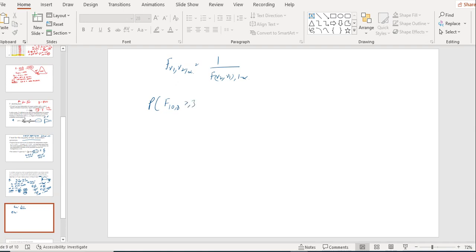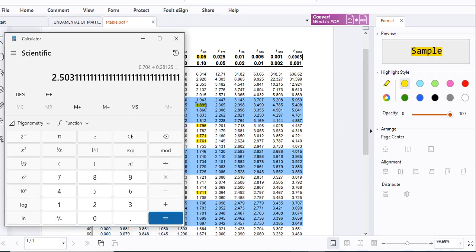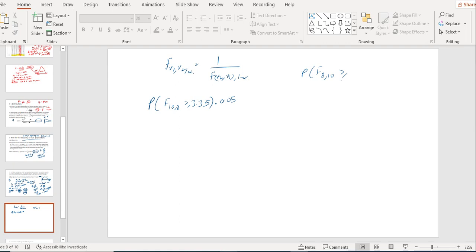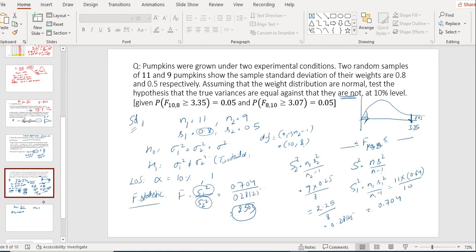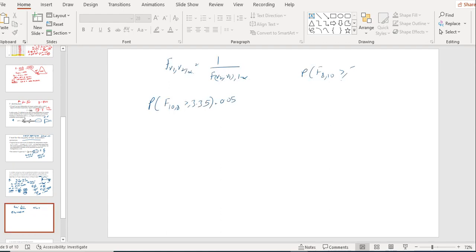is greater than or equal to 3.35 is already given as 0.05, but we are given the probability F of 8, 10 is greater than or equal to 3.07 is equal to 0.05.